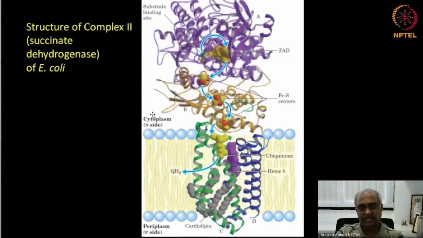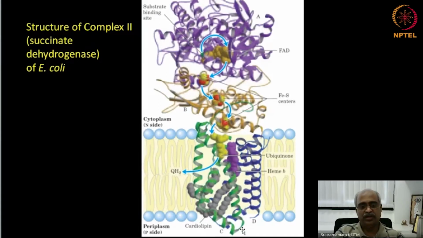And this is negative. So here, the succinate dehydrogenase, you can actually count by the color, it is the ribbon model of the protein. You have a purple 1, this orangish yellow 2, then this blue 3 and then this green 4.